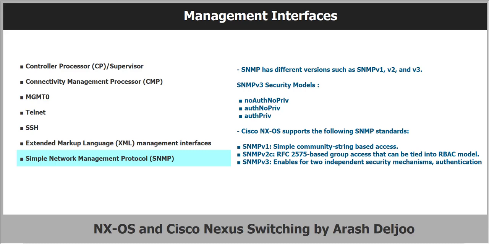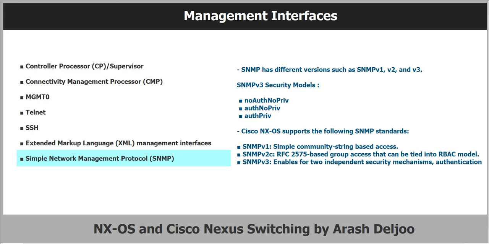Actually, the Simple Network Management Protocol, or SNMP, is an application layer protocol that provides a message format for communication between SNMP managers and agents. SNMP provides a standardized framework and a common language used for the monitoring and management of devices in a network.